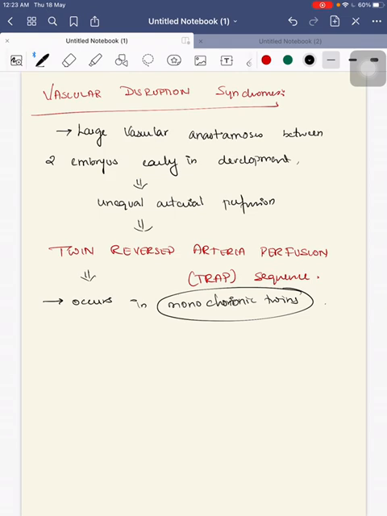Here, one twin is a parabiotic twin which lacks the normal functioning of the cardiac system and receives blood from the normally developing twin.